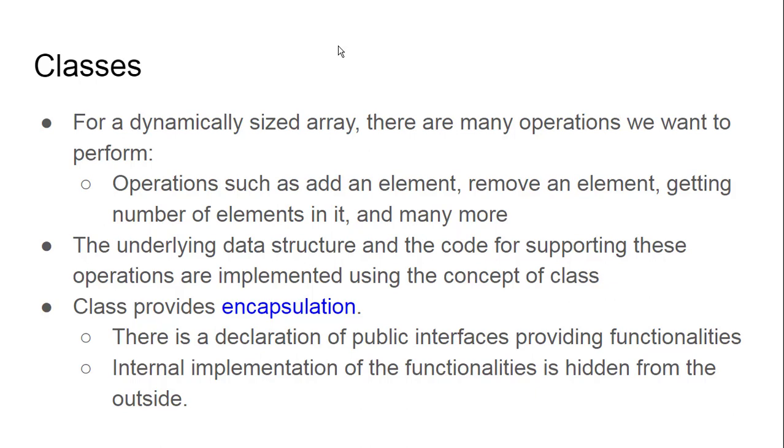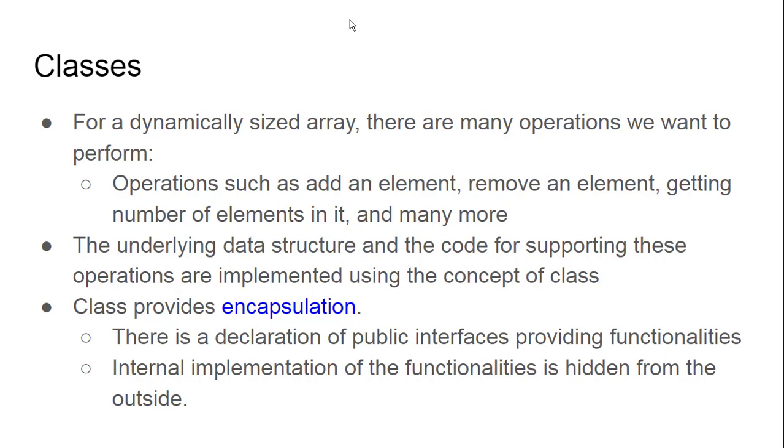C is not an object-oriented language, so it doesn't have the notion of a class, or at least a full-fledged notion of a class. The concept of a class is that a lot of times we will have a certain data structure, for example this dynamic size array, and then we have a whole bunch of operations that the programmer may want to apply to this data structure.